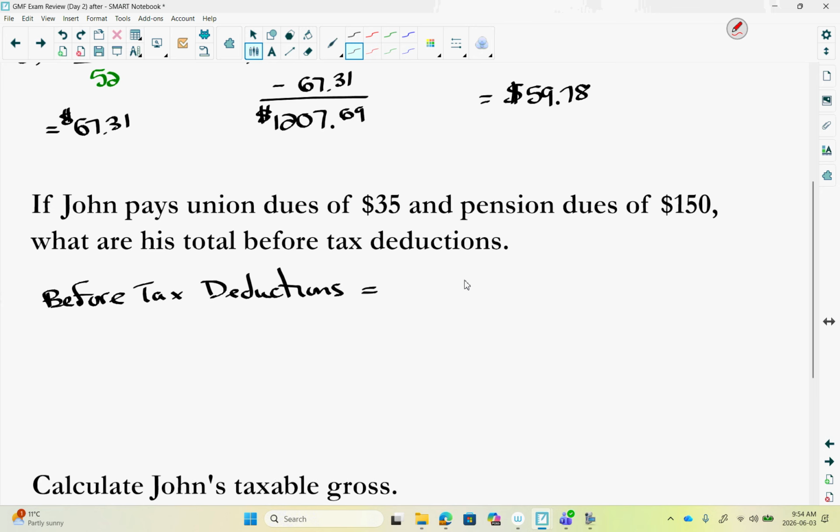Do you remember? I'm just going to add them together. What are John's before tax deductions? $185.